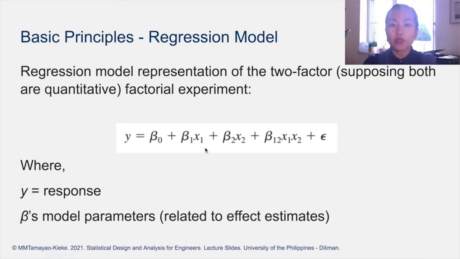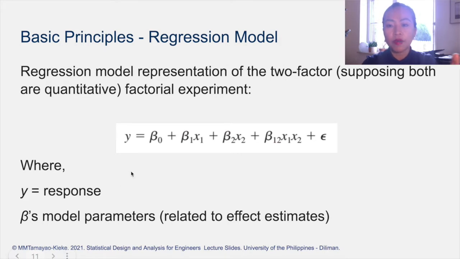Y = β0 + β1x1 + β2x2 + β12x1x2 + ε, where y is the response and the betas are the model parameters related to effect estimates. The independent variables, the x's, are coded variables that assume values from negative 1 to positive 1. The model parameters are related to effect estimates.